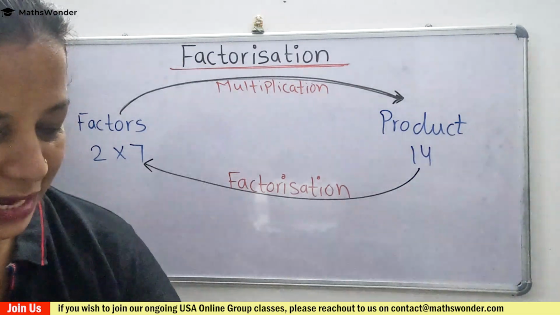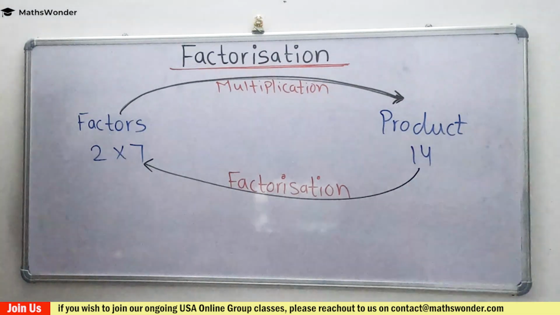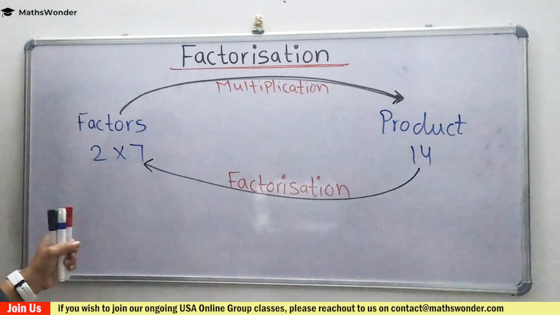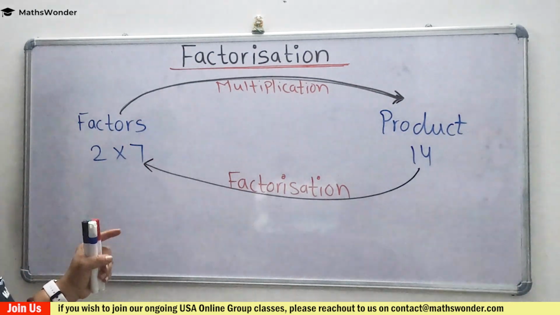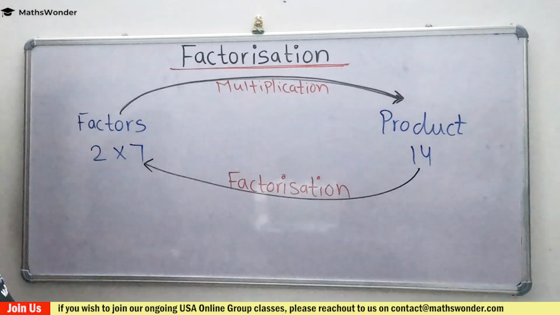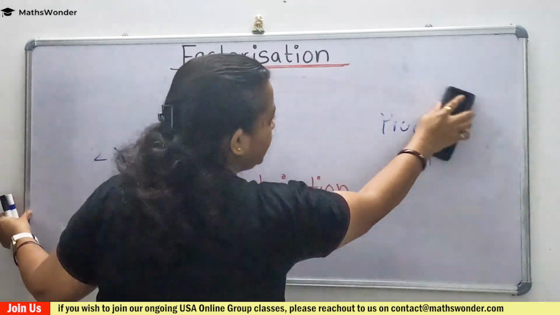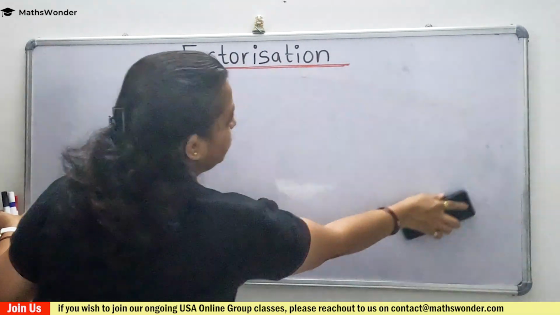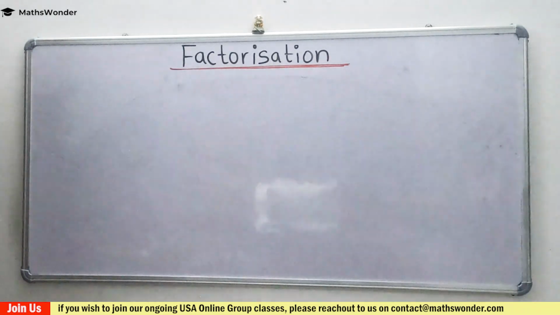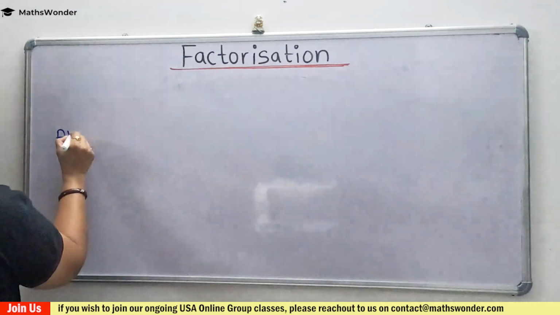Now I also want to explain the other method with algebraic expressions. Any doubt? No? Now, that was the explanation with simple numbers. Now come to the algebraic expression form. Suppose here is any algebraic expression.